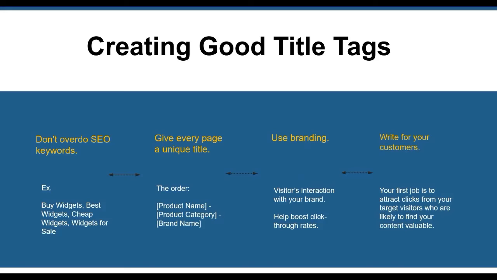The more they see your brand on the search engine result or everywhere on your website, the more familiar they become with your brand. And this also helps boost the click-through rates, even though they are looking for another product. They see your brand, oh, this looks familiar, or oh, I've heard about this brand, so they're going to click on your website URL.